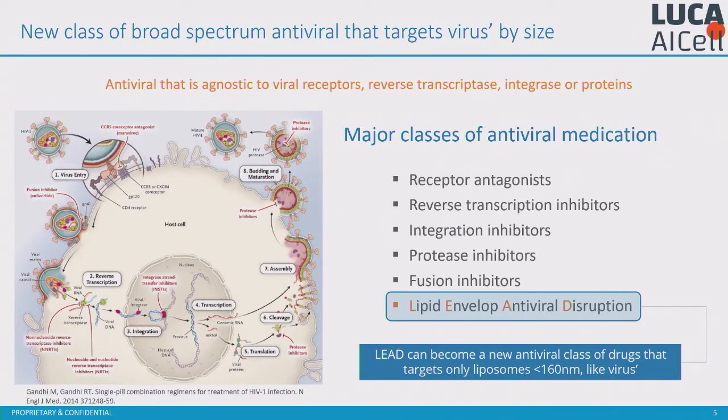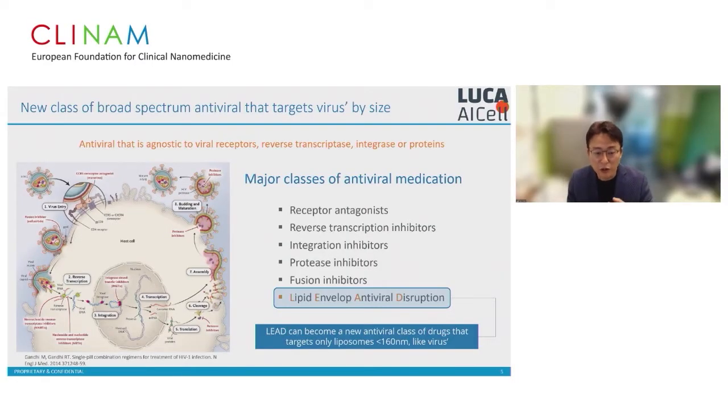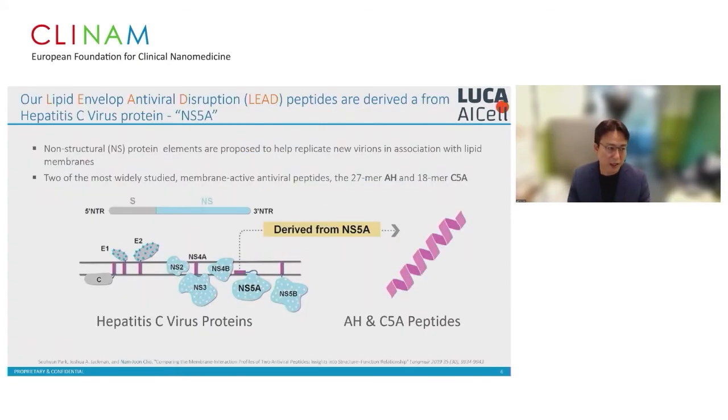But what we are suggesting here is a lipid envelope antiviral disruption platform, a new class of drug that targets the lipid envelope of viruses, which is like a liposome below 160 nanometers in size.